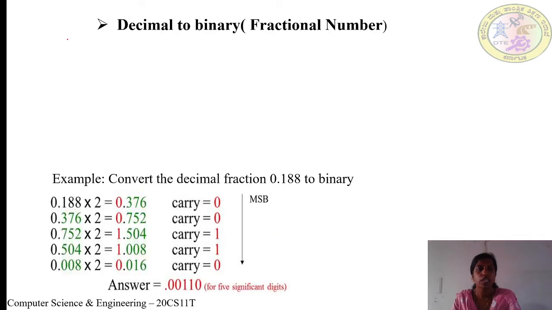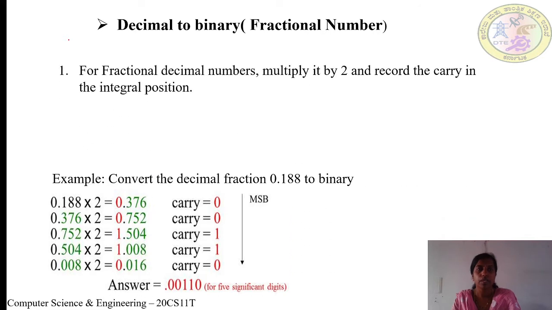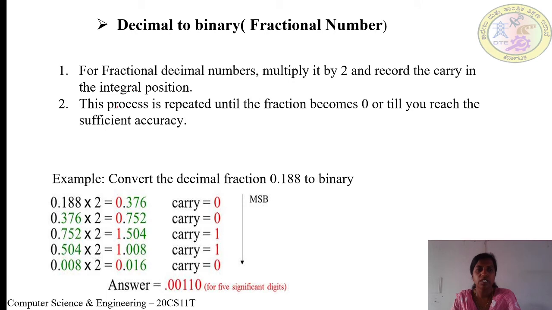Next we move on to the conversion between decimal to binary of fractional number. First step, for fractional decimal numbers, multiply it by 2 and record the carry in the integral position. Second step, the process is repeated until the fraction becomes 0 or till you reach the sufficient accurate value.